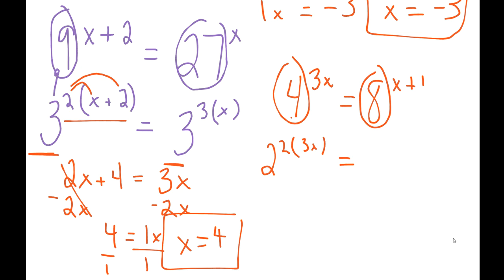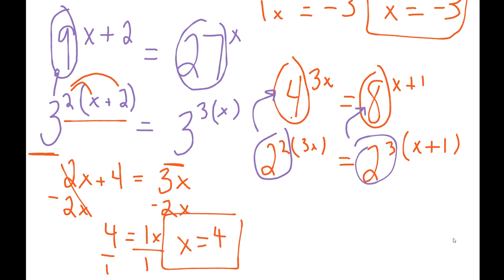Well, how do you write 8 as a power of 2? 2 times 2 times 2. So 2 to the 3rd power, but then you have this x plus 1. So again, it's you figuring out first, okay, see how this still equals the 4, and this still equals the 8, but you just made it into bases that are the same, so now it's much easier. Now again, you still have to distribute this stuff.